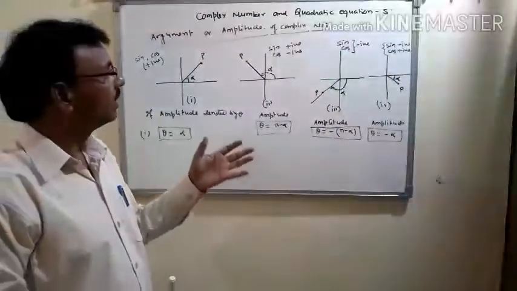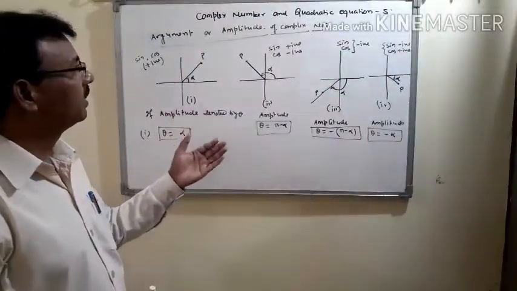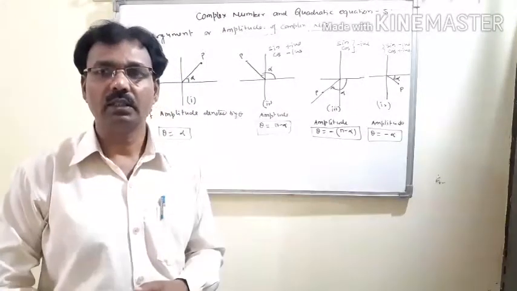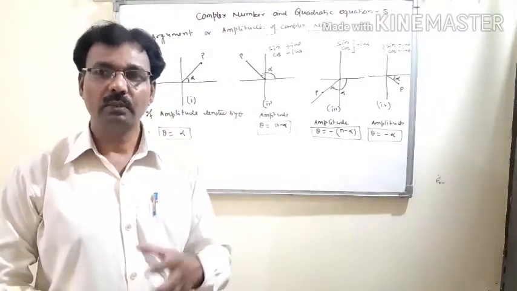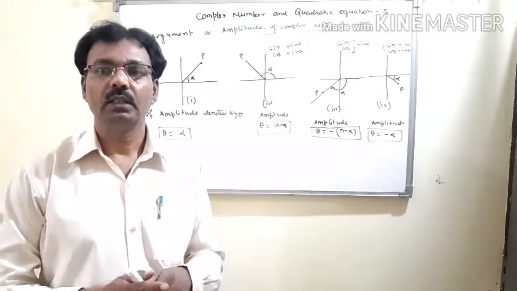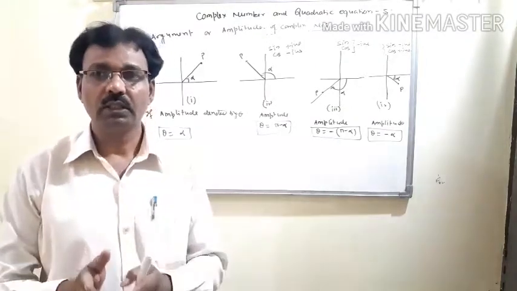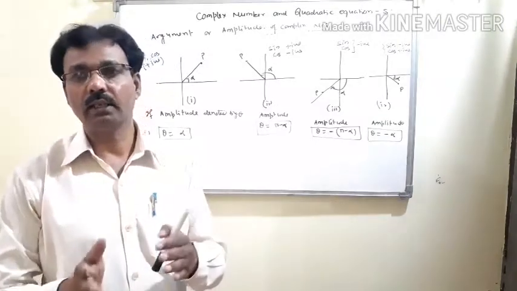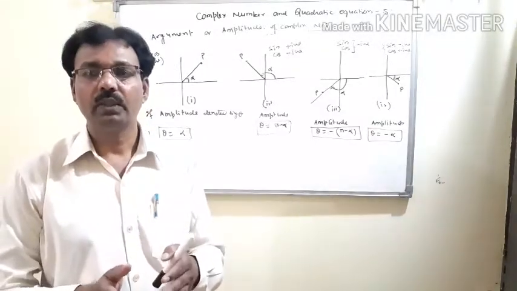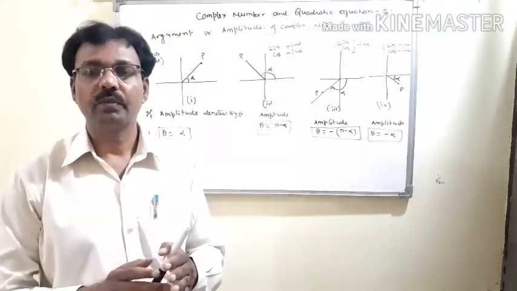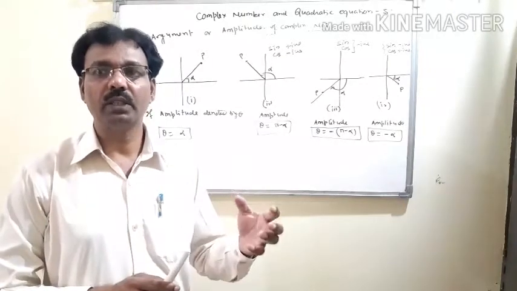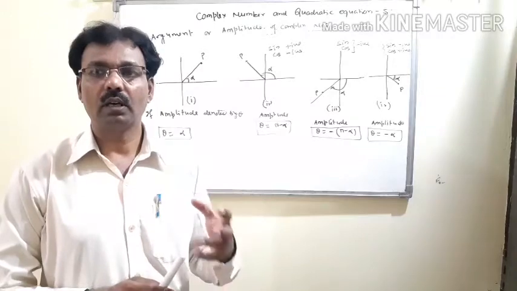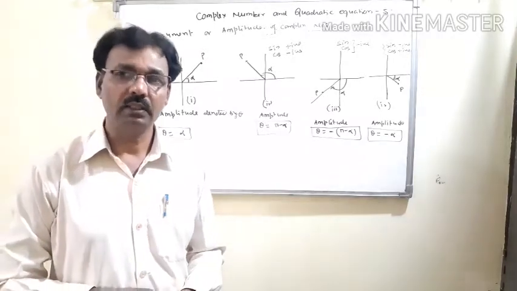And if we want to change any complex number into polar form, then first we should find its modulus, that means R, then the amplitude, and then put the value of R and theta in the polar form of the complex number. That means Z equals R cos theta plus i sin theta.